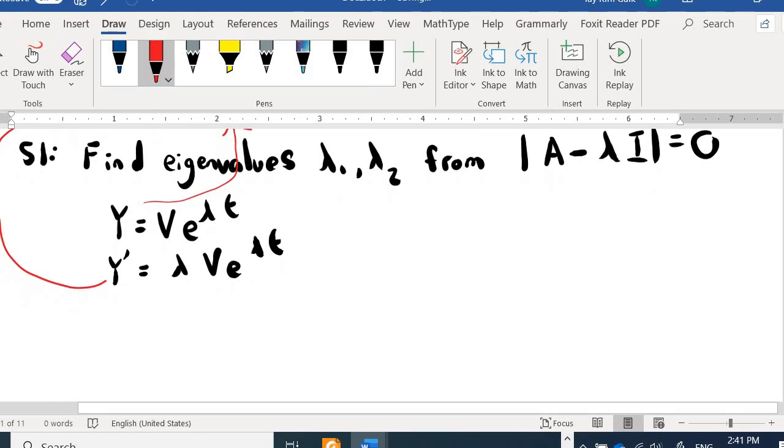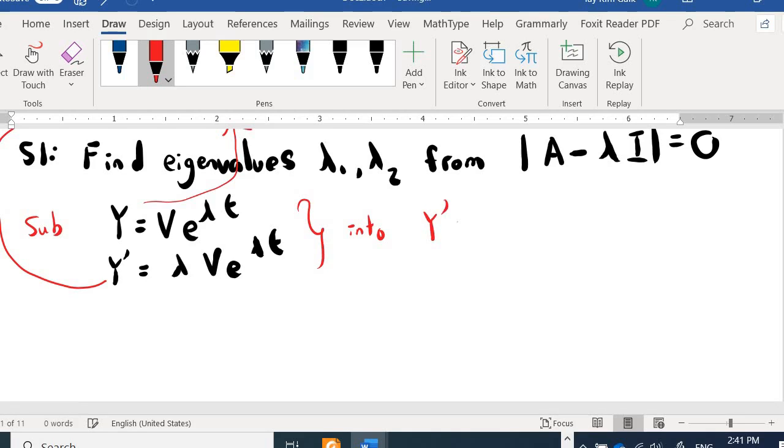You substitute these two things into y prime equals Ay. So you have lambda v exponent lambda t equal to A times y, and y is actually v exponent lambda t.